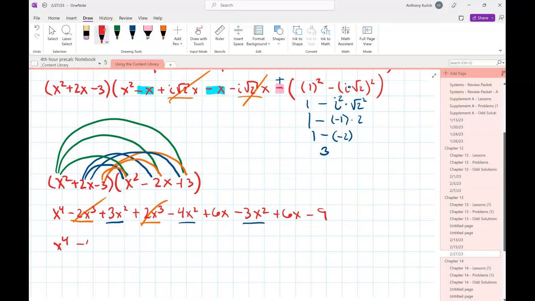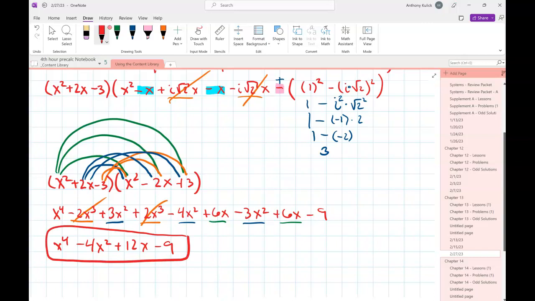That gives me negative 4x squared. And then I have a 6x and a 6x. That gives me a 12x. And then I just have that minus 9. So there we are. Woo! What a workout.